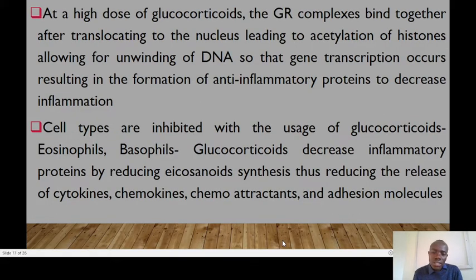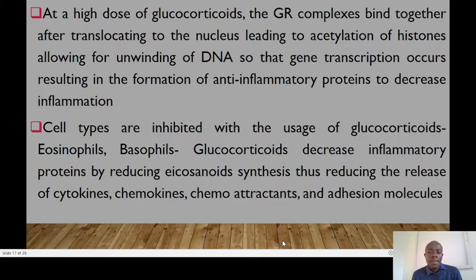But at high dosage of glucocorticoids, the GR complex will bind together after translocating to the nucleus, leading to acetylation of histones, allowing for unwinding of DNA so that gene transcription occurs, resulting in formation of anti-inflammatory proteins to decrease inflammation. So we have different cell types that are inhibited with the usage of glucocorticoids.